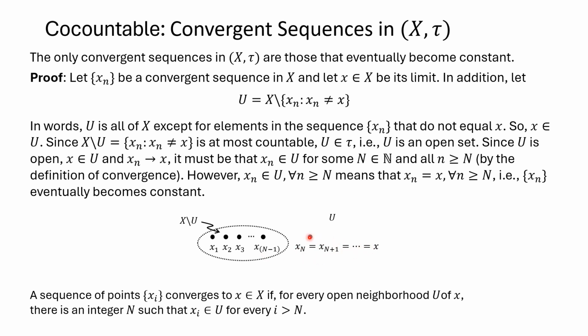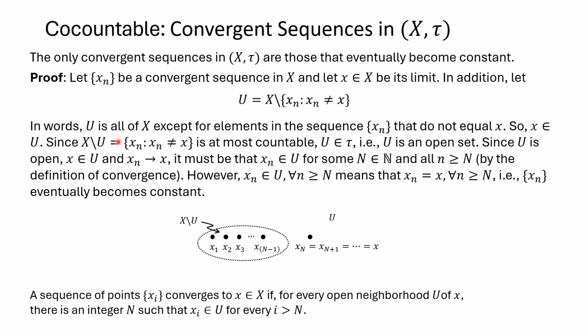But U is this set here, x, and everything else in our topological space, except for these points in the sequence that don't equal x, and that's the complement of U. So that's what I'm expressing up here.